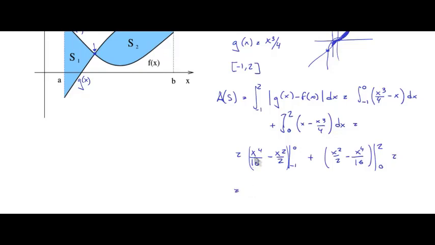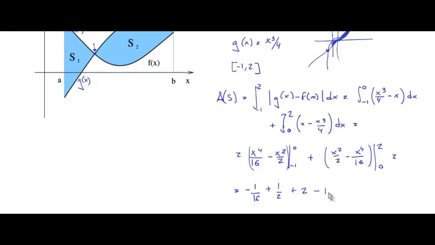At 0 this is 0, and then at minus 1, 1 to the 4 over 16, so this is minus 1 over 16, and then plus 1 half. Then we have 4 over 2 minus 2 to the 4 over 16, which is 1, and at 0 it's 0.